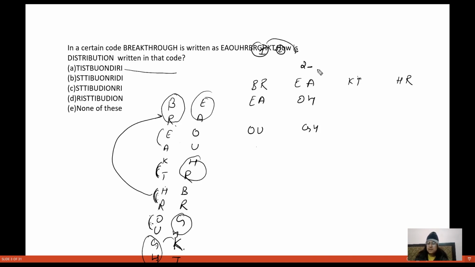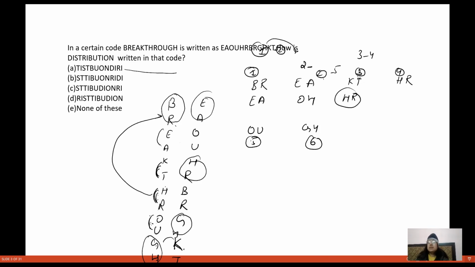I'll name these 1, 2, 3, 4, 5, 6. The first place I replaced with the second place, the second place I replaced with the fifth place. KT's HR, I am replacing the third place with the fourth place.